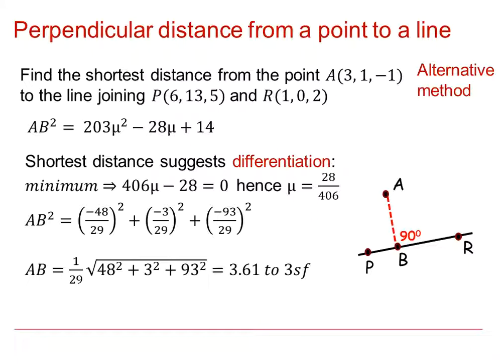And if we differentiate the quadratic and set it equal to 0, we get the same mu, 28 over 406, which is the same value, and hence we can sub mu back into our expression for AB squared and find the value of AB.